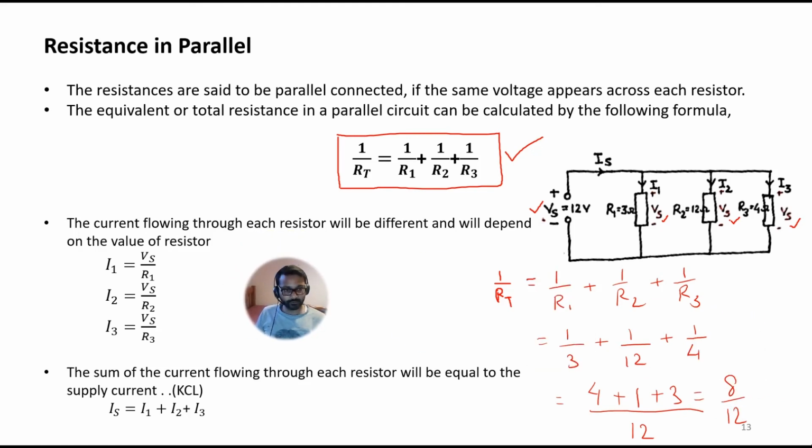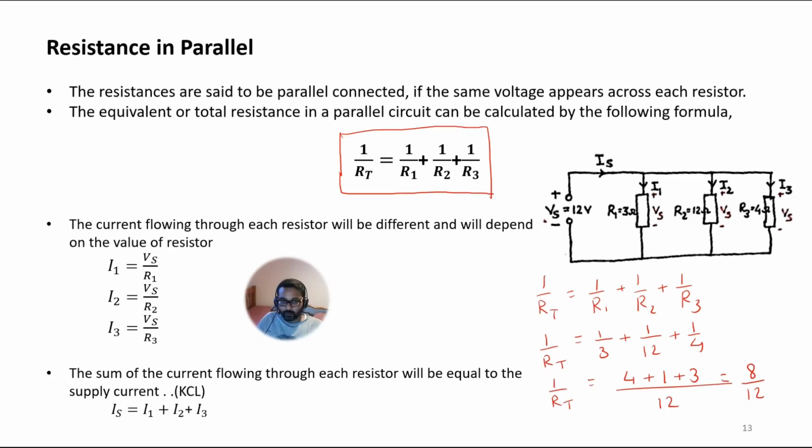Now, the most common mistake: most of the students write this as their answer, 8 divided by 12 as 1 over RT. It's not RT, your total resistance, right? So you have to take the inverse of this. If you are asked to calculate the value of total resistance for a parallel circuit, don't forget to invert the values which you have got, right?